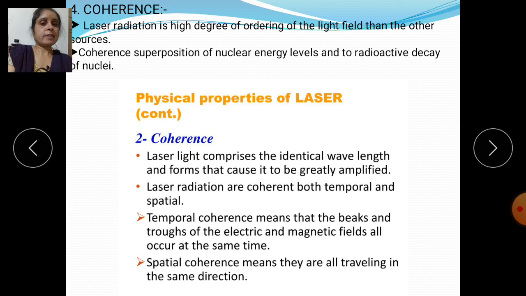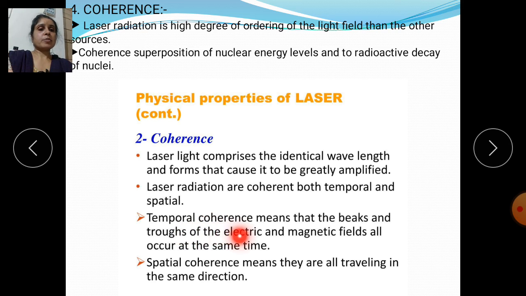Laser radiation can produce two types of coherence, temporal and spatial.